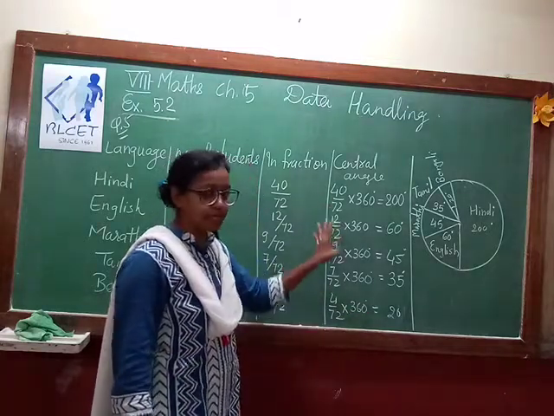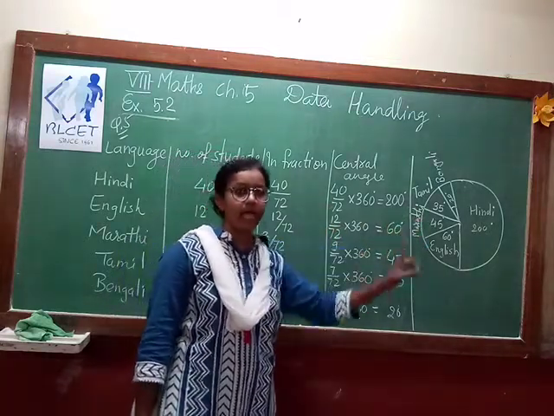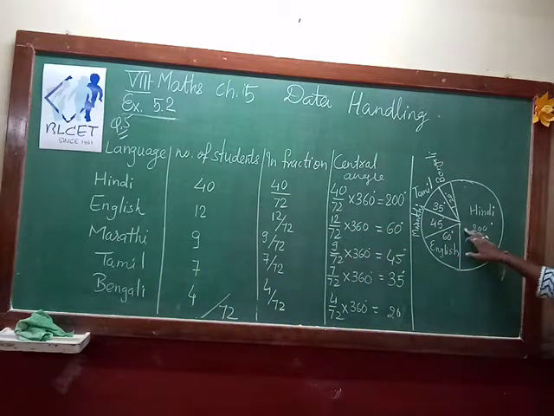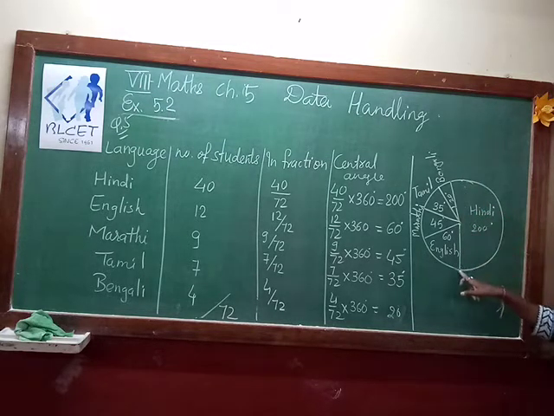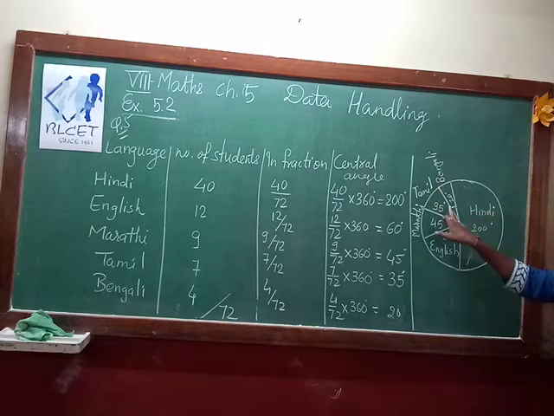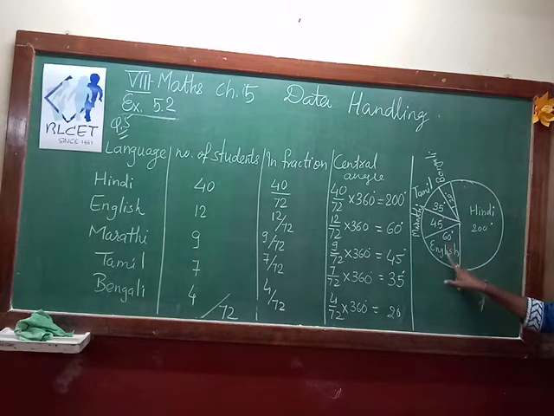On the basis of central angles, we draw the pie chart with the help of a protractor. Hindi, 200 degree, is the maximum language spoken by the students in the hostel. Straight angle is 180 degrees, so Hindi goes slightly beyond it. Then 20 degree for Bengali, 35 degree for Tamil, 45 degree for Marathi and 60 degree for English. So this way you can draw the pie chart with the help of given data.